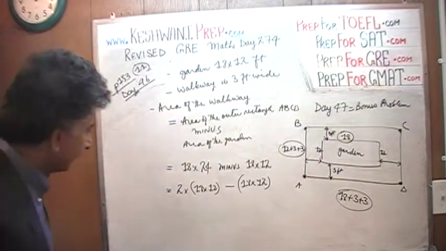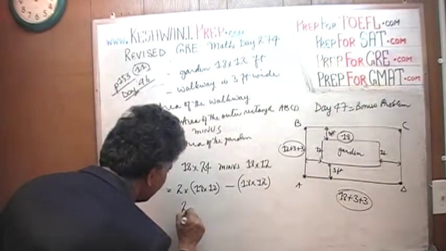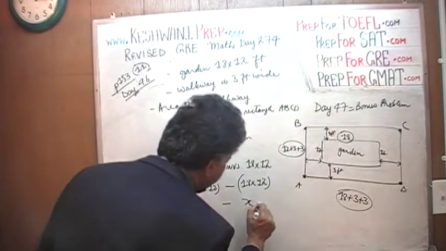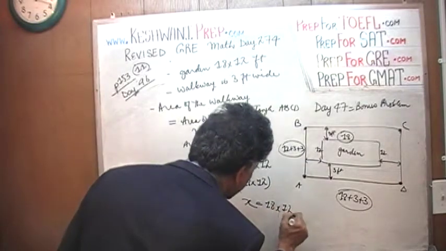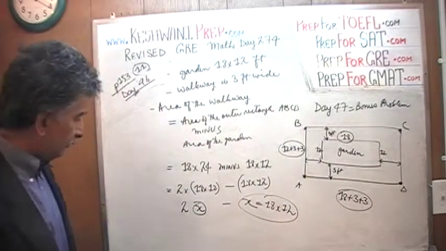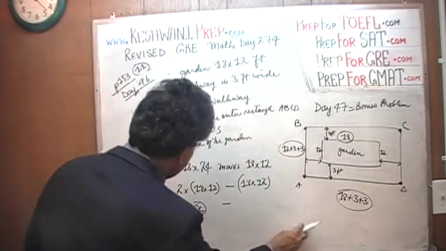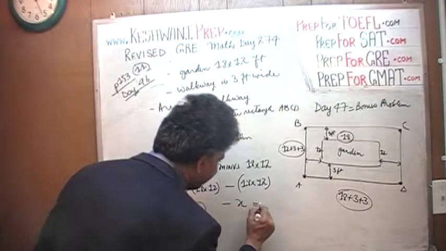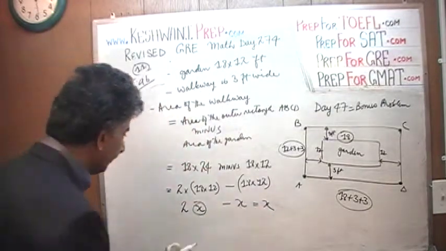So it's like 2 times x minus x. Your x here is 18 times 12. That's the quantity that we're calling x. So if you have 2 times x, which is 18 times 12, 2 times x minus x, well, that's just x. So that's it, we're done.